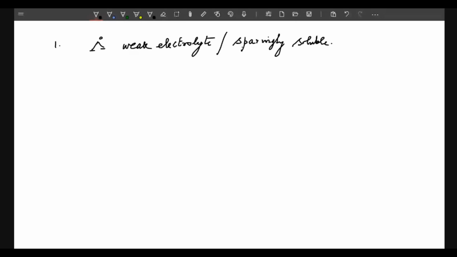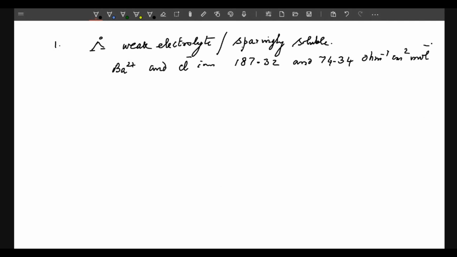Take down this one, at infinite dilution. Molar conductance of barium 2 plus ion and Cl minus ions are 187.32 and 74.34 per ohm centimeter square per mole respectively.